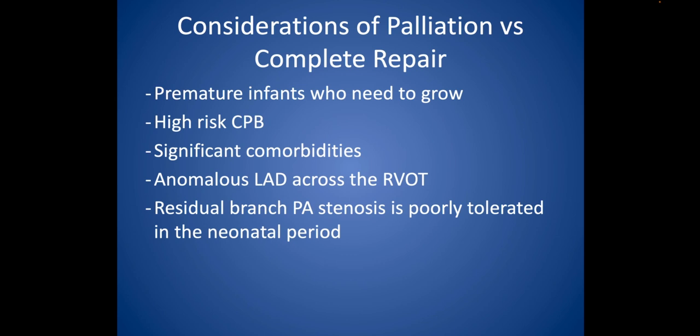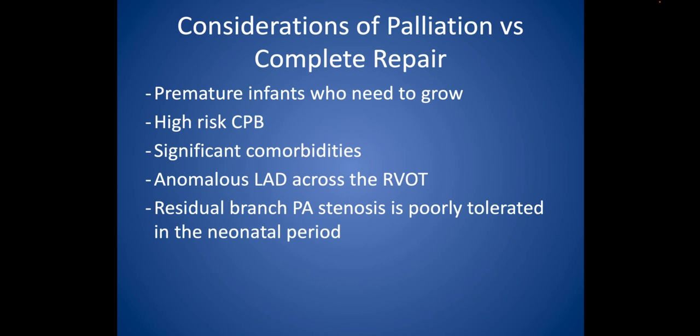Considerations for palliation: what are some contraindications of a complete repair where we would have to think about a palliative approach? Obviously premature infants who still need to grow, who are at high risk for cardiopulmonary bypass. Significant comorbidities would also fall in that category. Tetralogy of Fallot has a higher risk of coronary abnormalities.